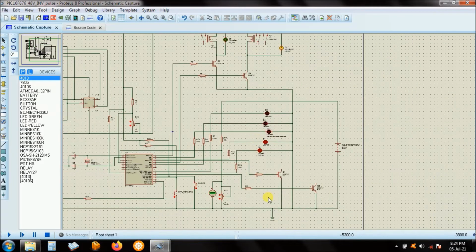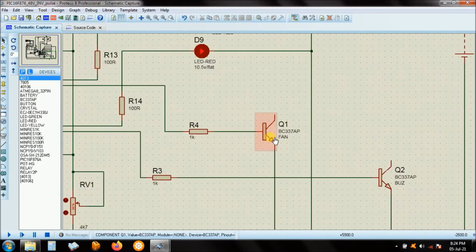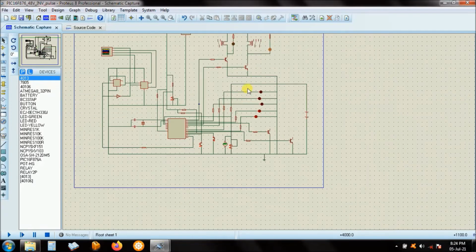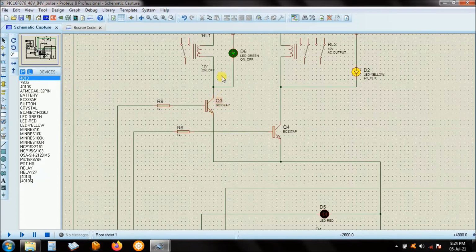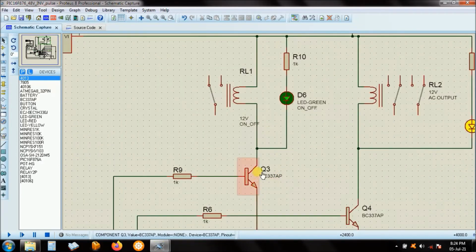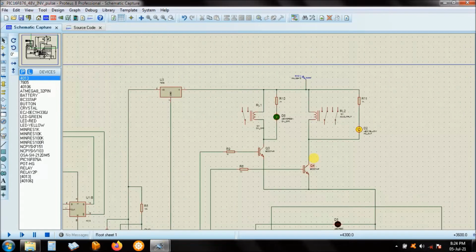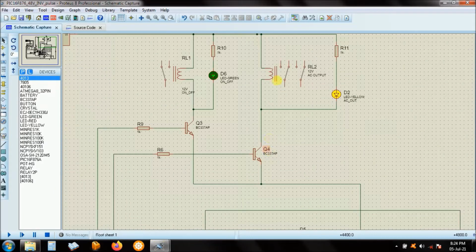Right, and here is the transistor to drive the fan. That is the transistor to drive the buzzer, and here the transistor to drive the on-off relay, and here the transistor to drive the output AC relay.